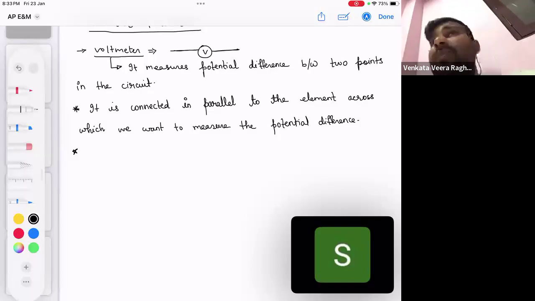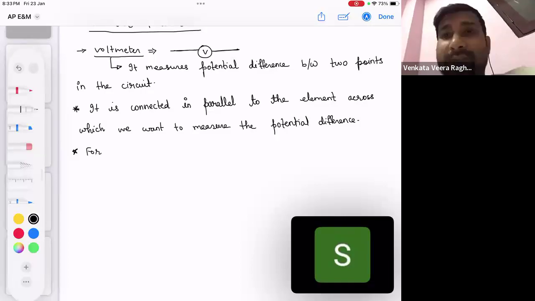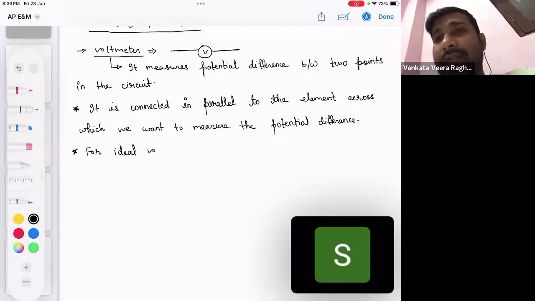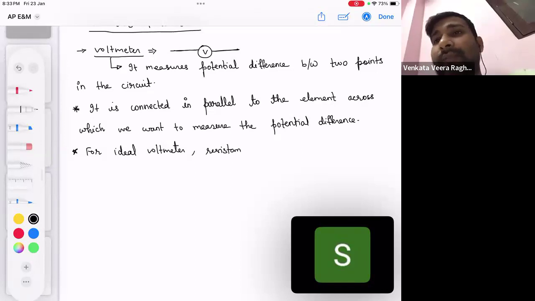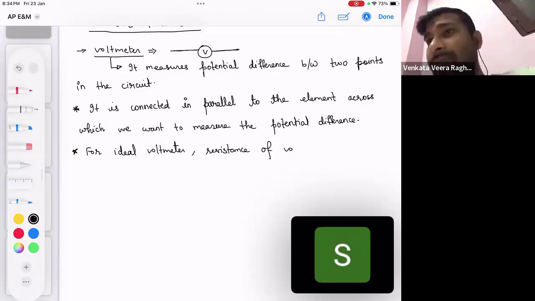So one last point about the ideal voltmeter. For an ideal voltmeter, the resistance of the voltmeter is very high, and we can say that it is infinity.